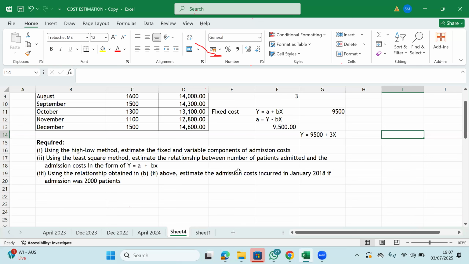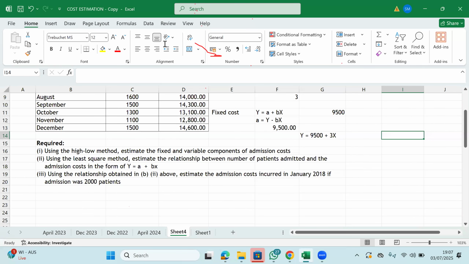We can do question 3. We can estimate the cost of admitting 2,000 patients so that we have results. We can try to estimate the cost for 2,000 patients.